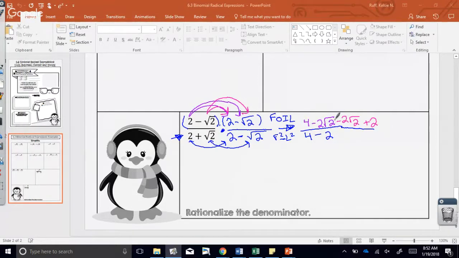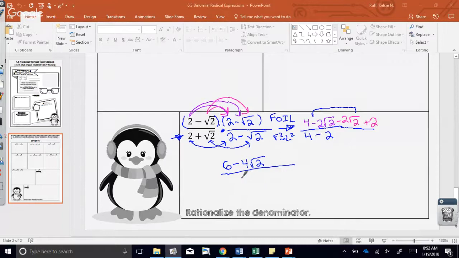So on the top, I have a 4 plus 2, which I can add together and give me 6. Right here, be careful, because if these signs were opposites, they would cancel. But since they're the same, we're going to take negative 2 minus 2, which is actually negative 4, and just tack on square root of 2.